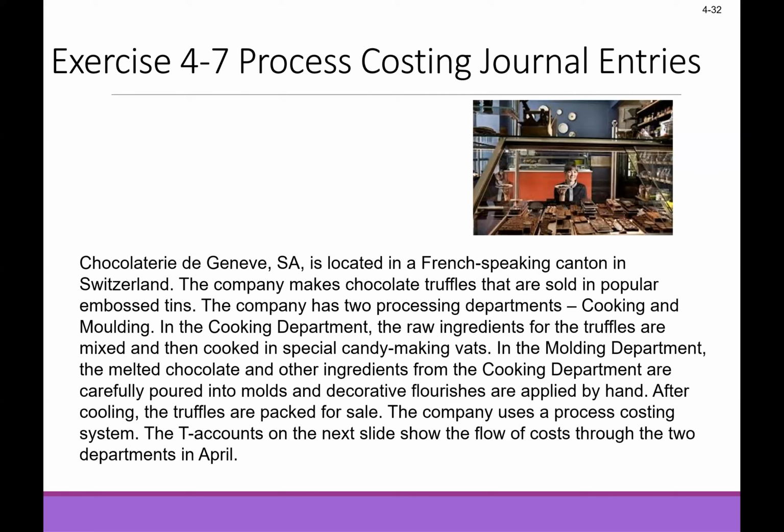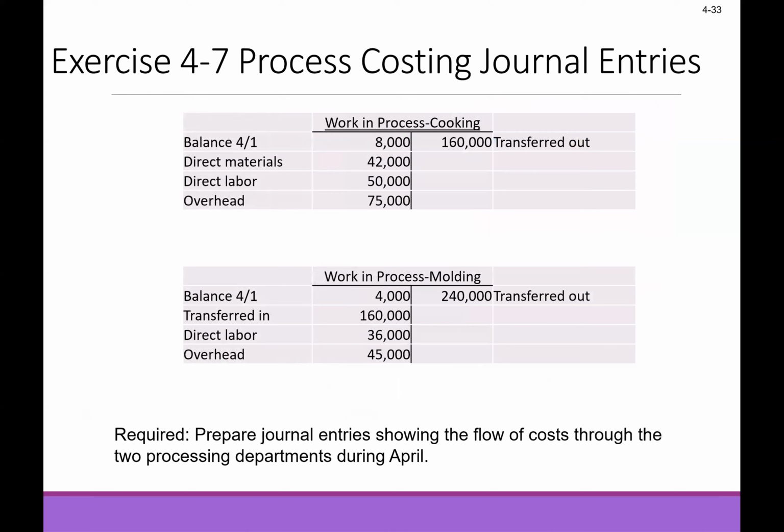In the molding department, the melted chocolate and other ingredients from the cooking department are carefully poured into molds and decorative flourishes are applied by hand. After cooling, the truffles are packed for sale. The company uses a process costing system. The T accounts on the next slide show the flow of cost through the two departments in April.